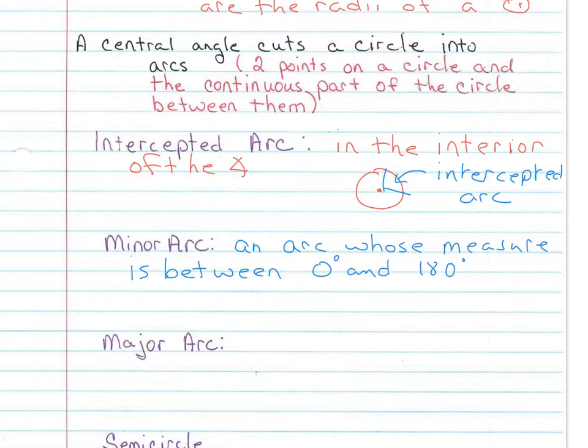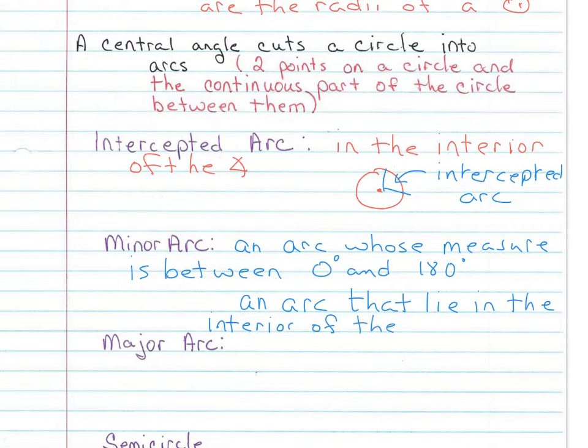And we could also say that a minor arc is an arc that lies in the interior of the central angle. This is your minor arc right here. It's in the interior of the central angle.